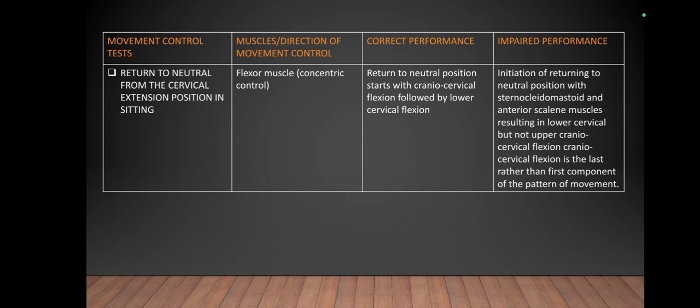Impaired performance. Initiation of returning to neutral position with sternocleidomastoid and anterior scalene muscle resulting in lower cervical but not upper craniocervical flexion. Craniocervical flexion is the last rather than the first component of the pattern of movement.